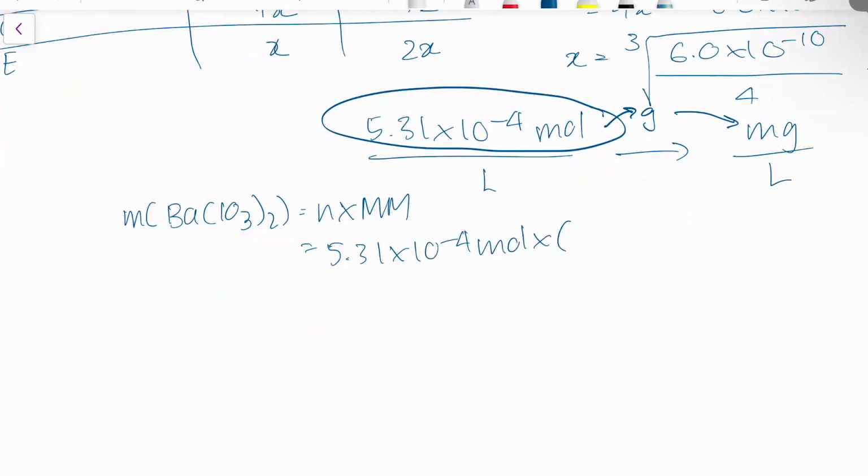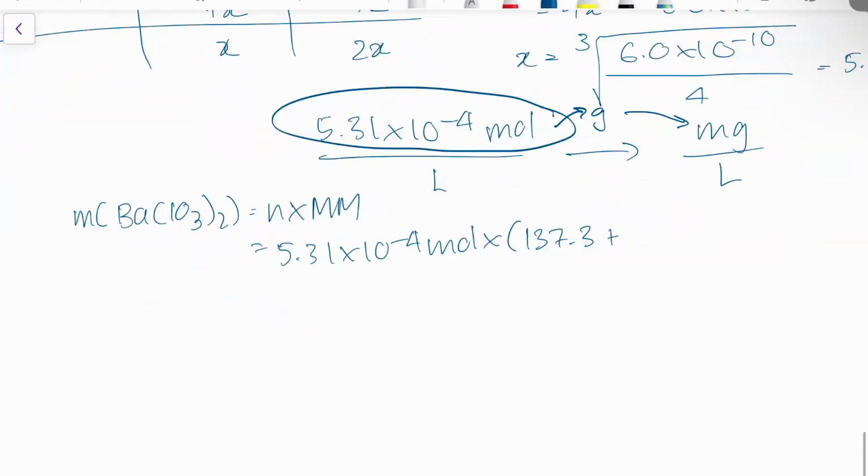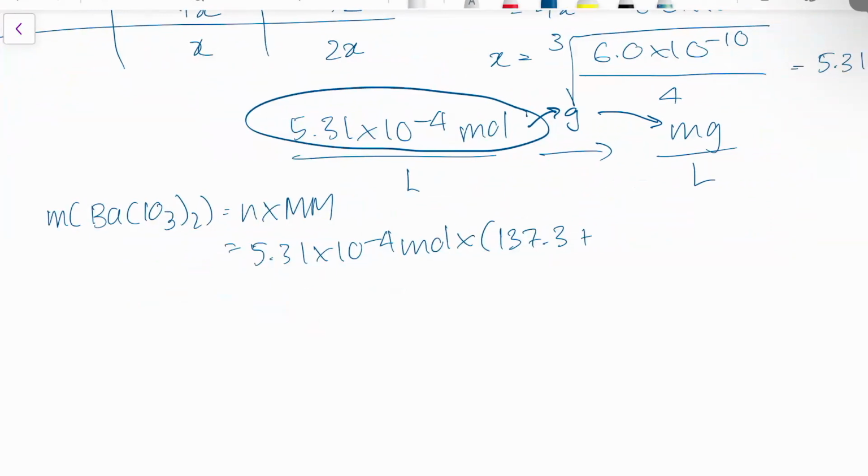And what's the molar mass of barium on your periodic table? 137.3. Yep. And then iodine? That is 126.9. 126.9, and I have to times that by 2 because my IO3 is in brackets 2.